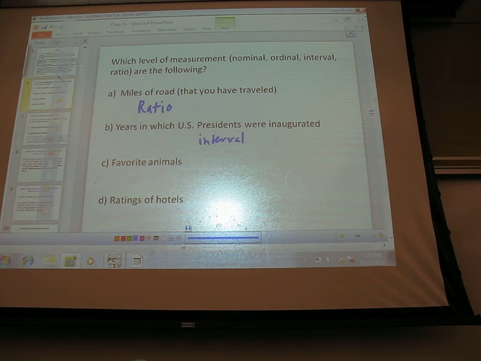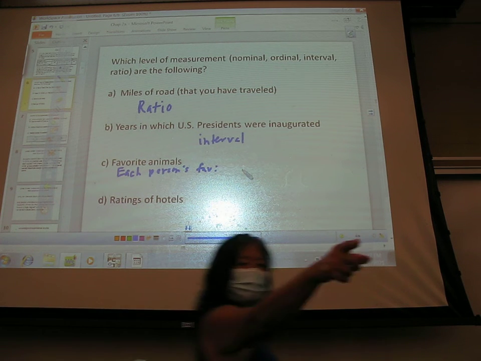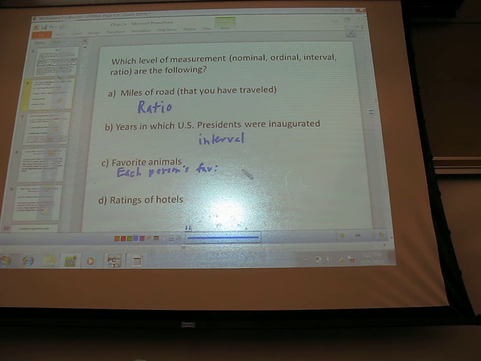All right, so favorite animals. So this is how I meant it. Each person's favorite. So my favorite is an elephant. What's your favorite? Cat. What's your favorite? Otter. Oh, that's a good one. What's your favorite? Cat. Pick something else. Bear. Okay, great.